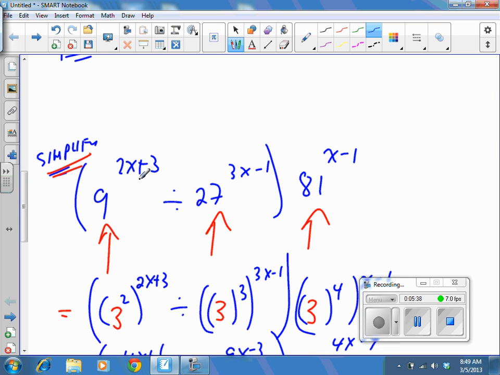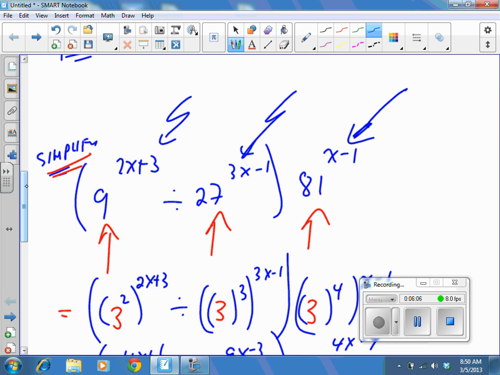This is an expression that we were asked to simplify, and this expression has exponents. And when we're dealing with exponents, we know that you have to make the bases the same. That's the key to simplifying an expression with exponents.